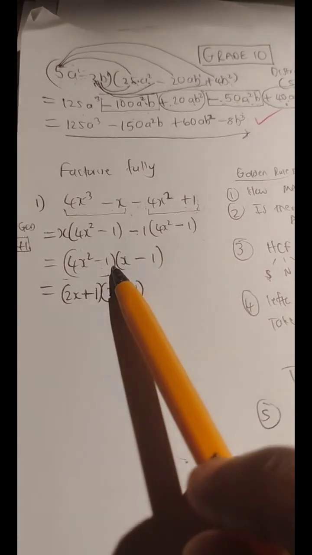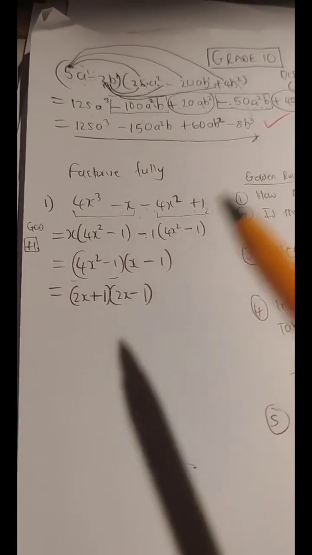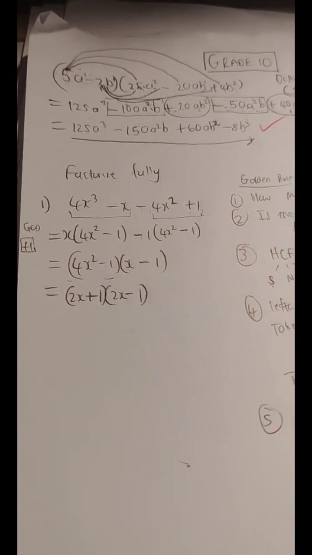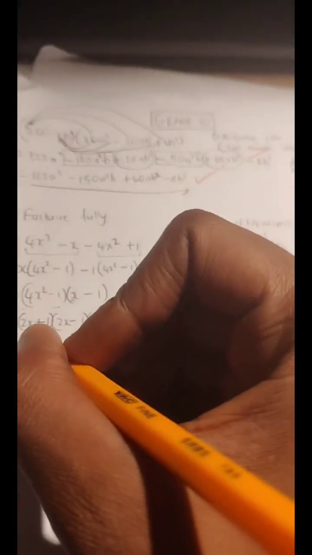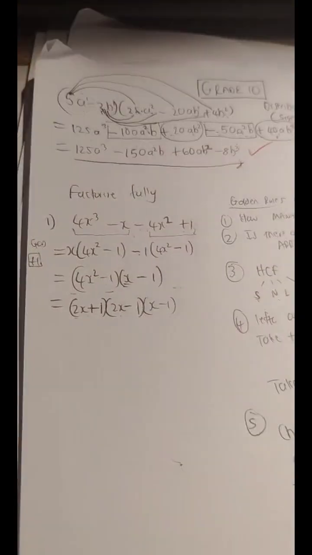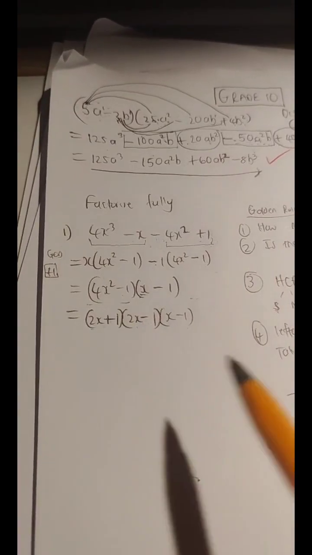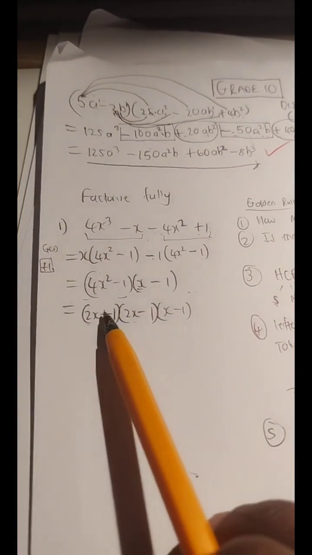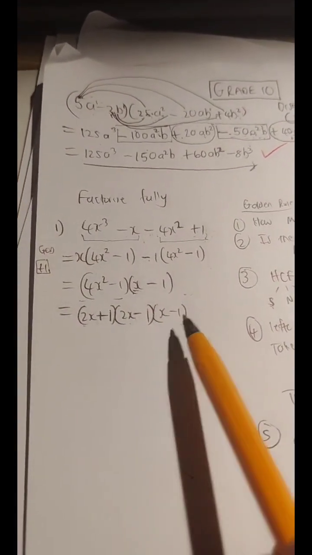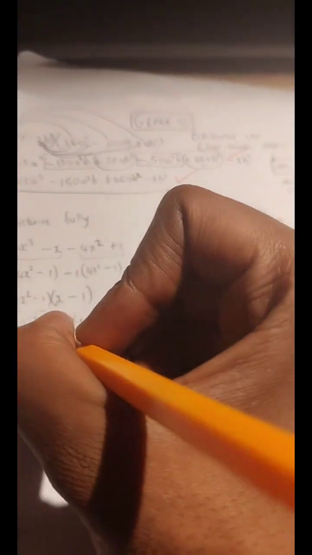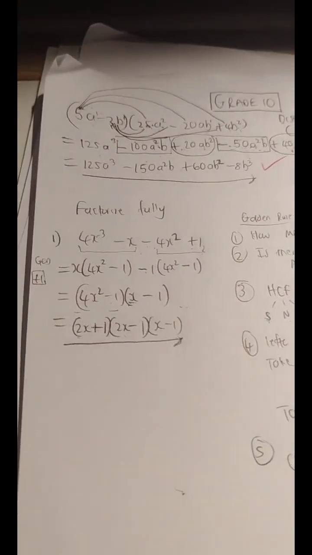Then the square root of 1, we have 1 in the second term of each bracket. Then we drop that x minus 1 next door. Can we factorize any of these brackets any further? No. Do we have any like terms in each of these brackets? No. So therefore we end our factorization right there.